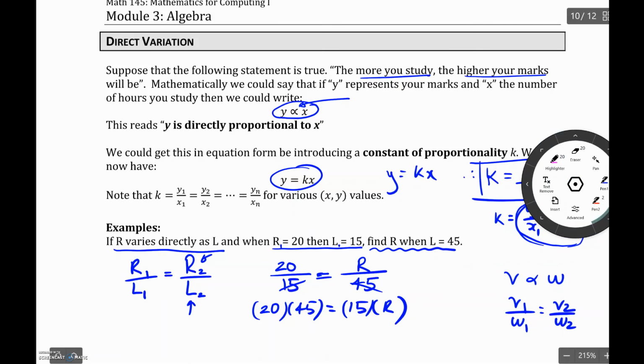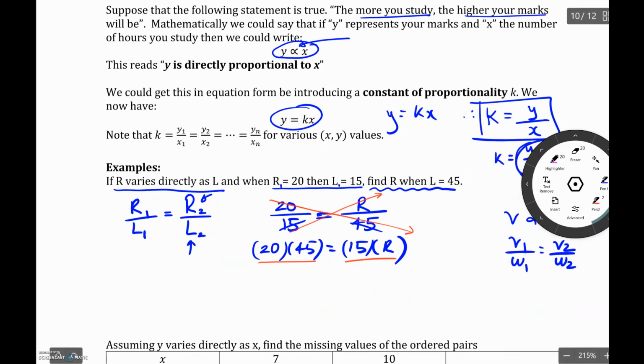Once I have a proportion, it is as if when I multiply these two together, 20 times 45, that's on the left side, and 15 times R, which is there. So if you have a proportion, when you cross multiply, the results are going to be the same. So that's another way of solving these equations. Now how do I solve for R?